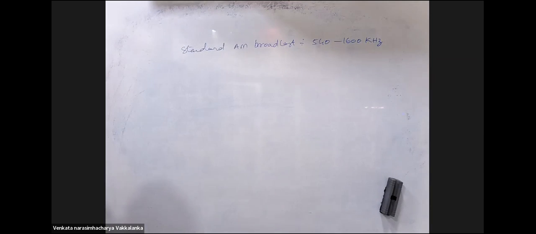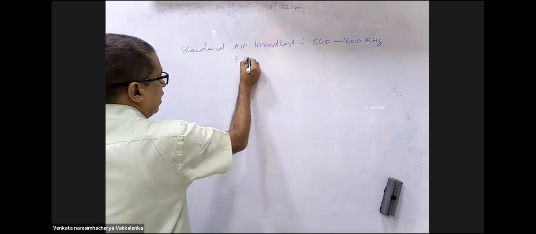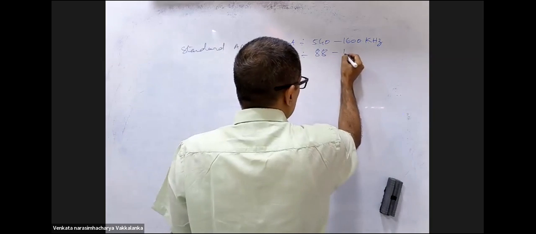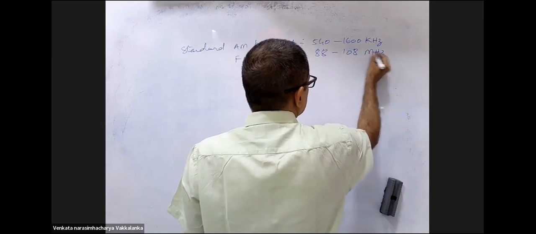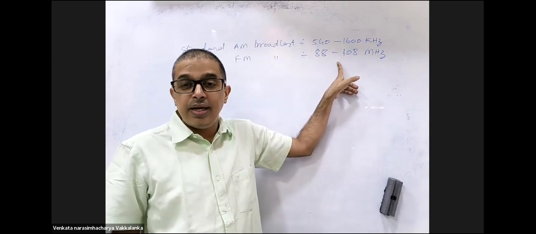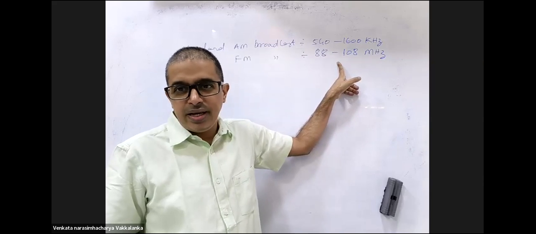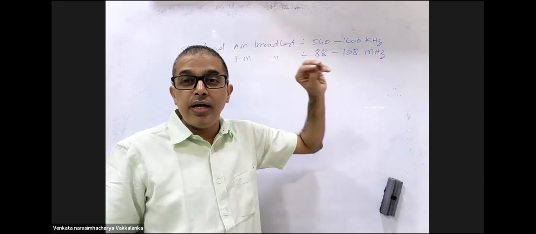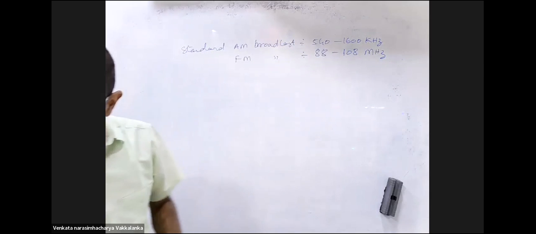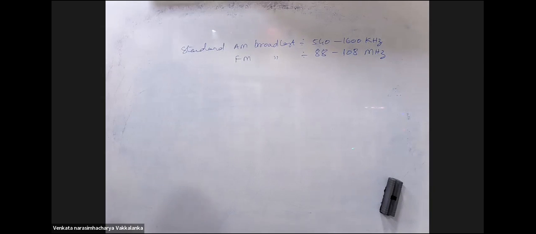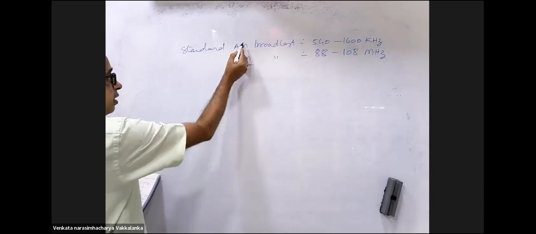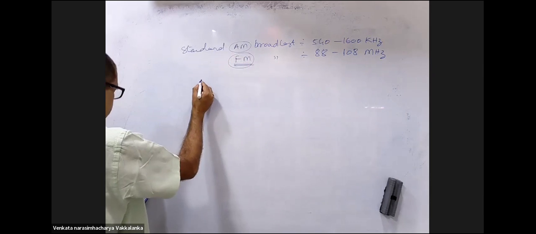FM broadcast is at 88 to 108 megahertz. Now you understand what FM 91.1, FM 91.8, FM 98.2, 104 point something is: the frequency at which they are transmitting their signal. What's the full form of FM? Frequency modulation. This is amplitude modulation, this is frequency modulation.